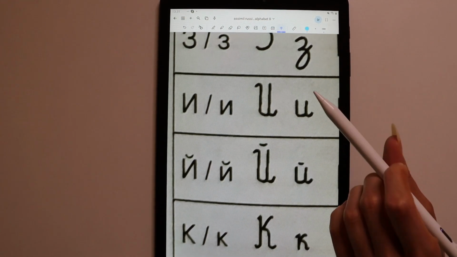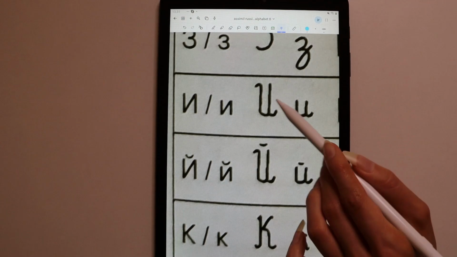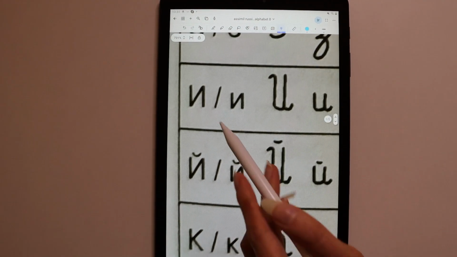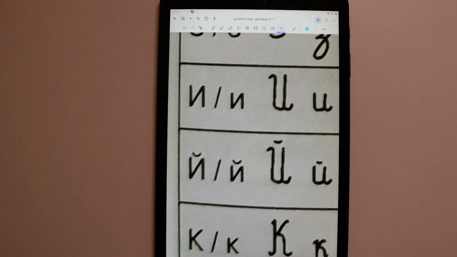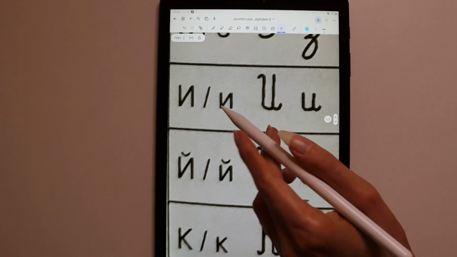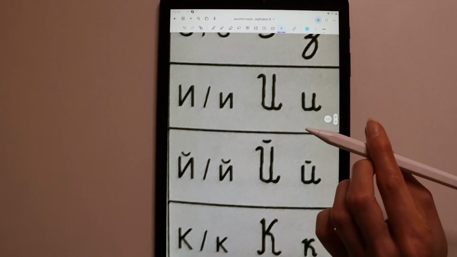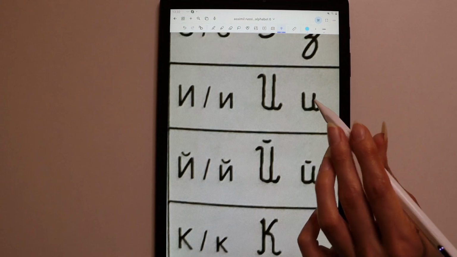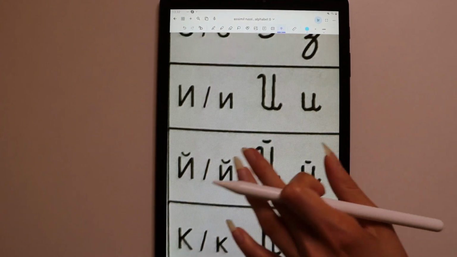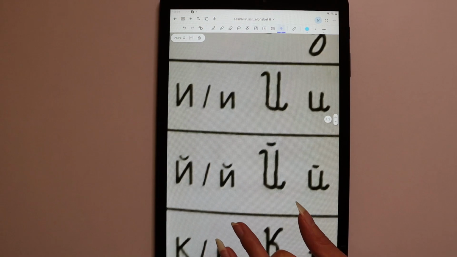But as I said, first of all, it's enough if you just remember these versions. I'm also going to repeat all of this again, but I just wanted to talk about both versions, the block letters and the cursive letters, because like this, no matter how much you already know of the alphabet, you can always learn something in this video.